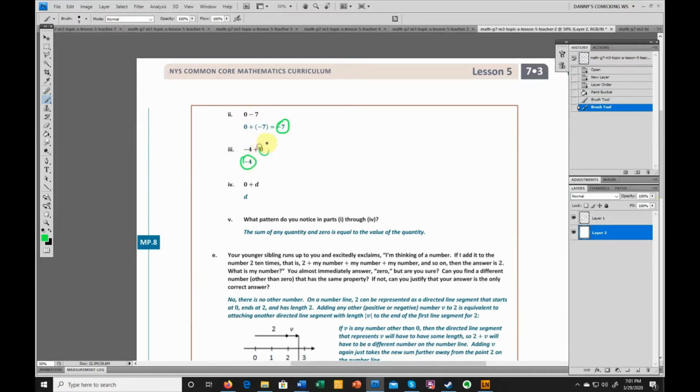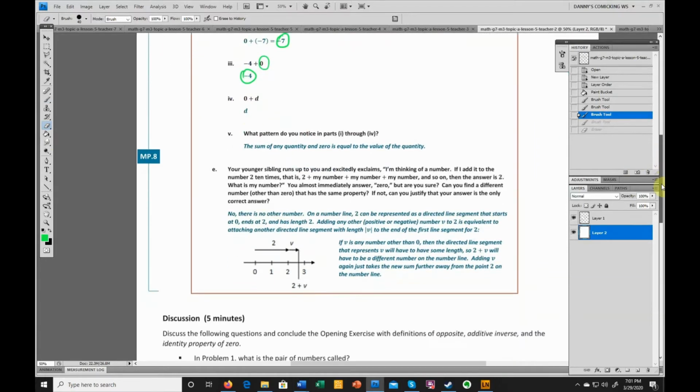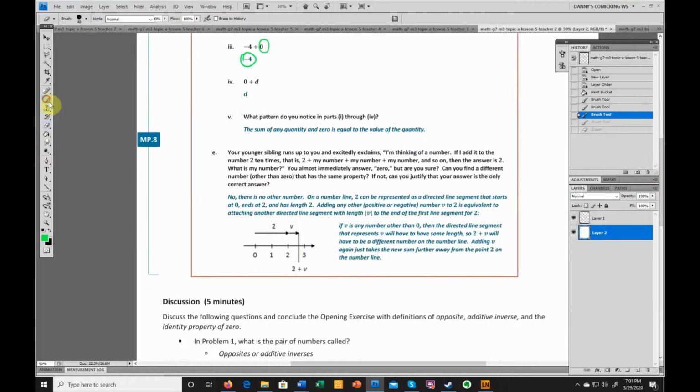So 0 plus anything is that number, whether it's negative or positive. Okay, 0 plus d is d. So d is an unknown number, but we're representing it with d, so that means it's going to be the same number if it's plus 0. The sum of any quantity and 0 equals the same quantity.